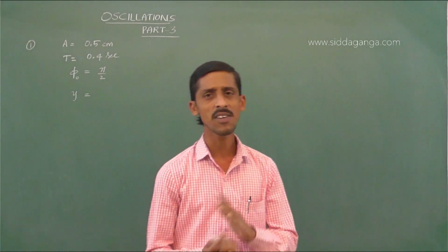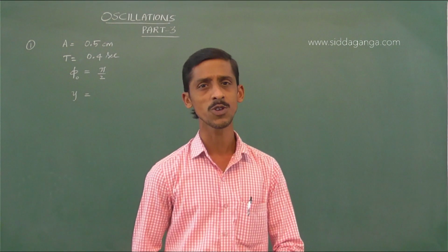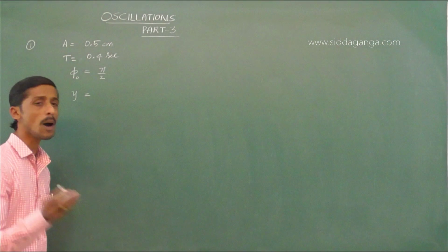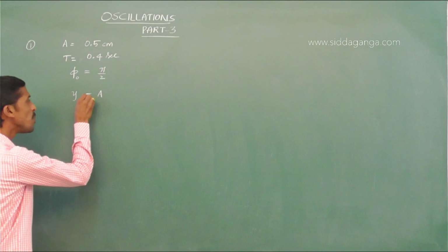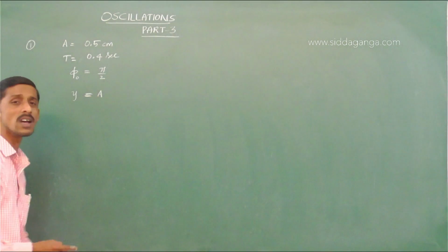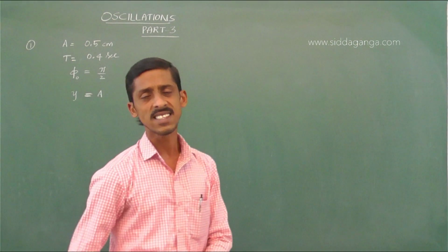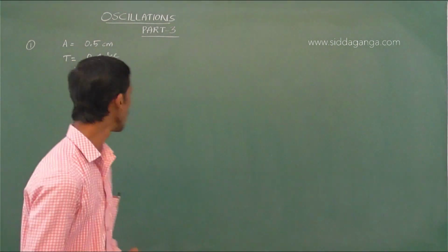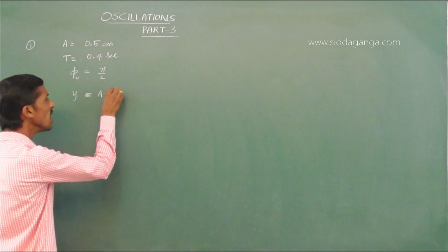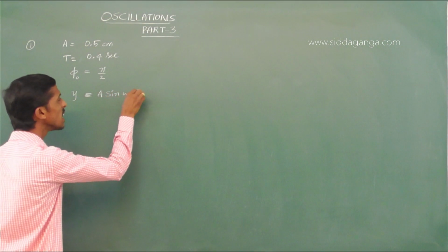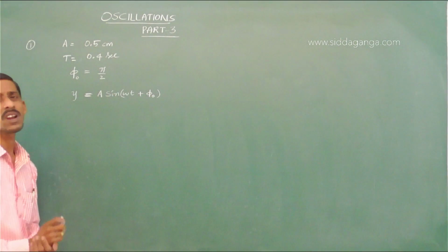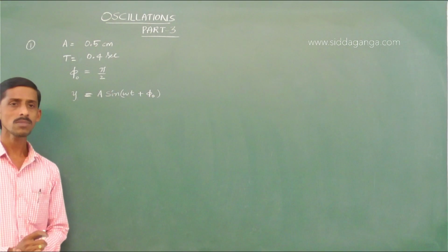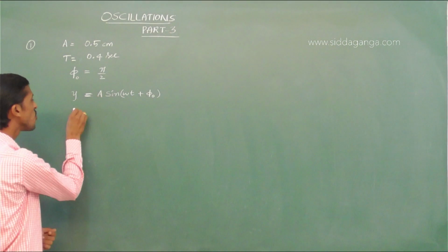What is the general equation which represents simple harmonic motion? Displacement of the body, y is equal to a sin(omega t plus phi naught). This is the general equation, where A stands for amplitude.